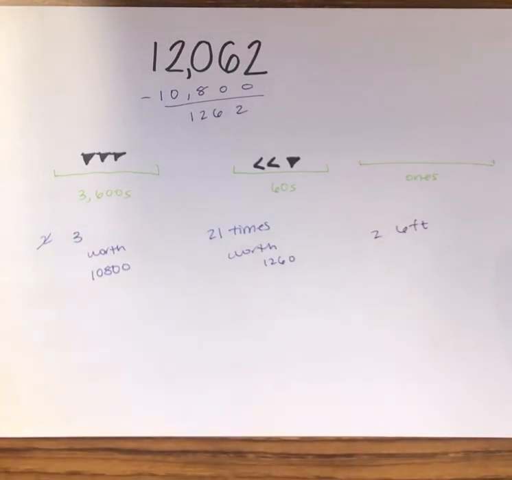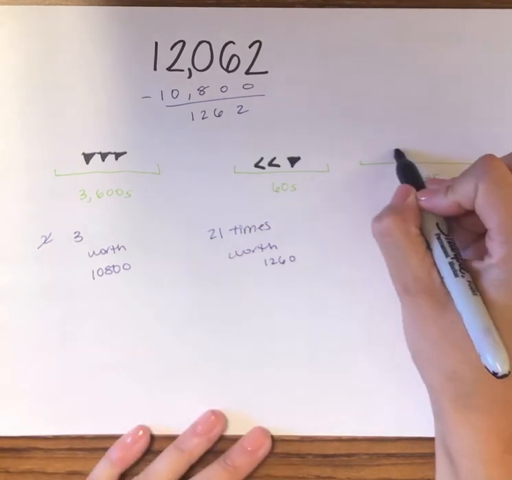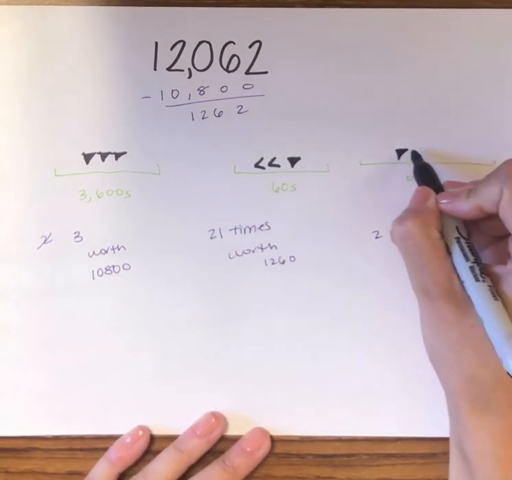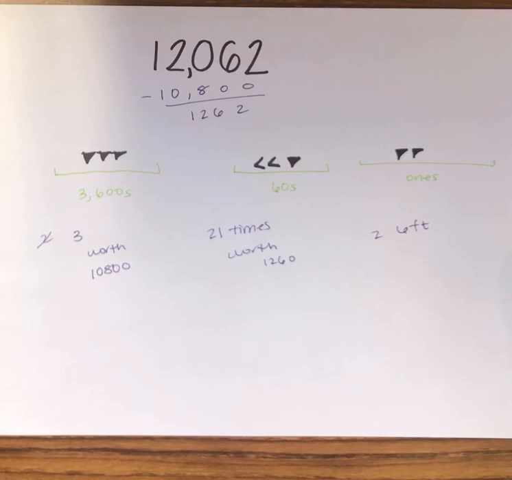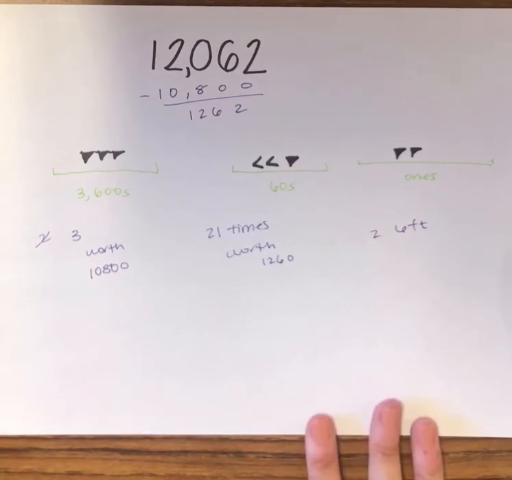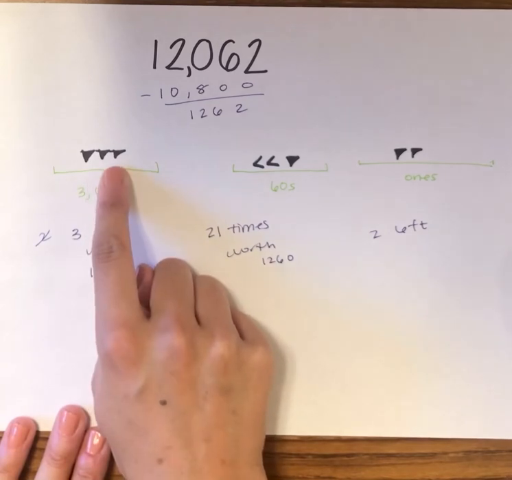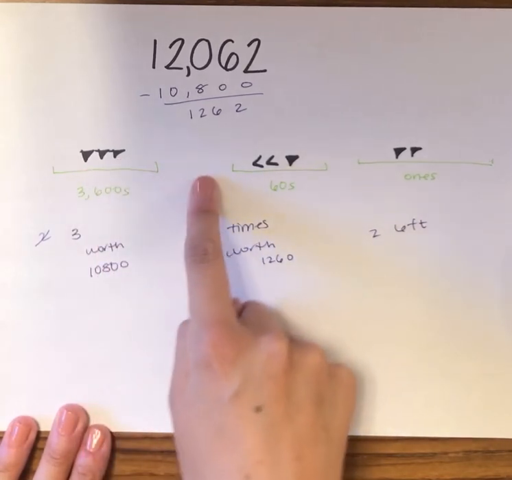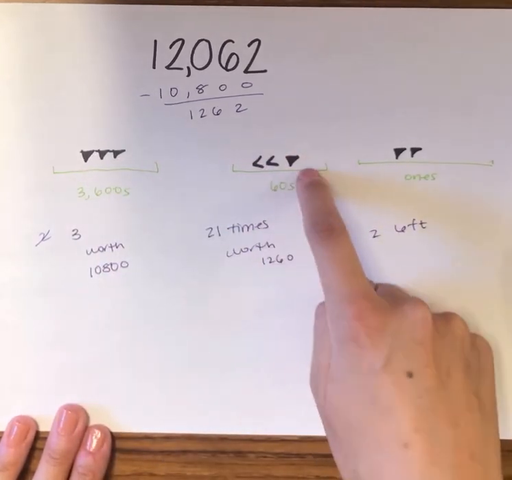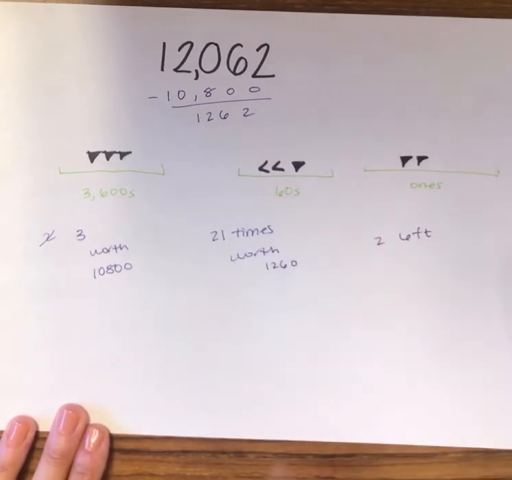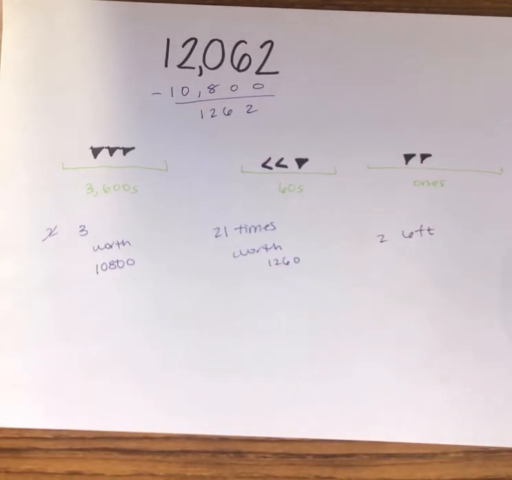And those 2 will go into my ones place right here. So I've officially written my number in Babylonian. It would be 3 of those hash marks, those triangles, a big space, 2 arrows in a triangle, a big space, and then the 2 ones. And that's how that number would translate into Babylonian.